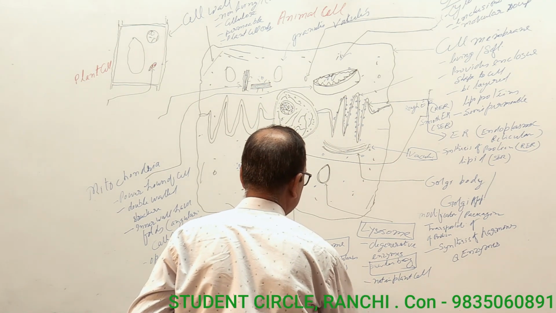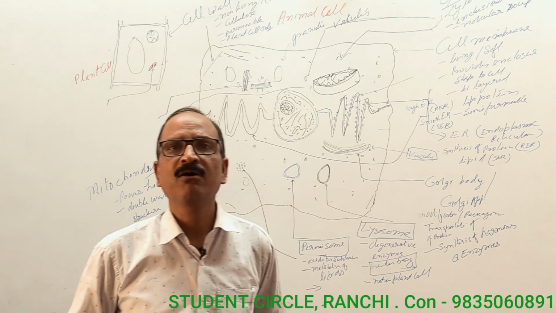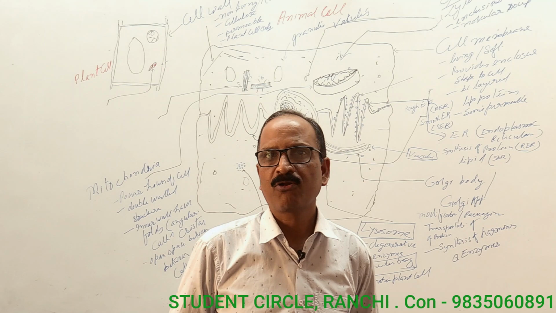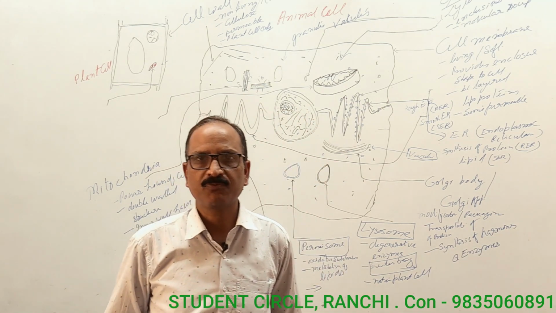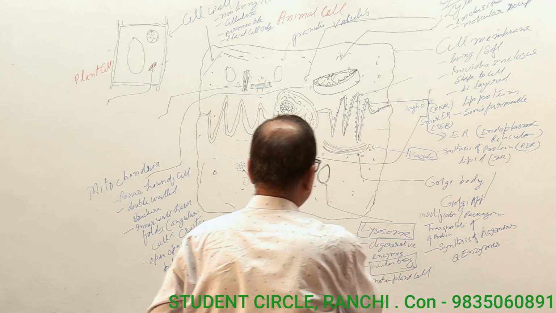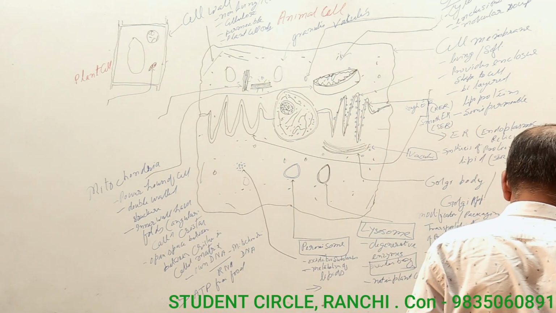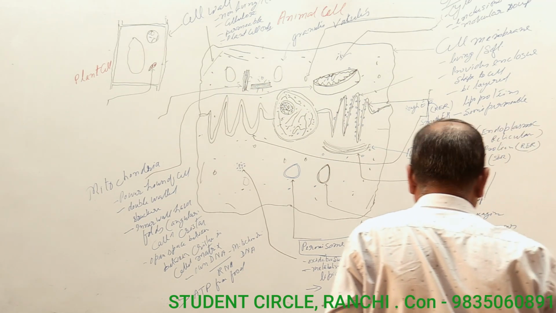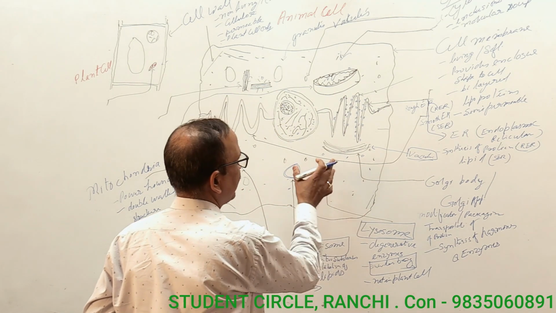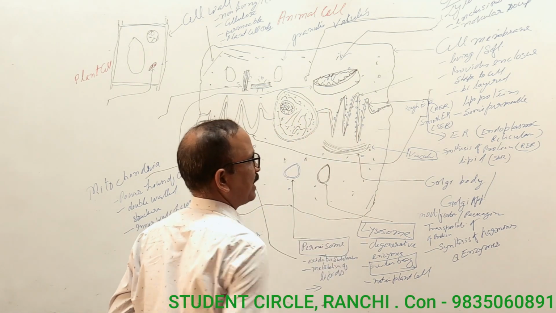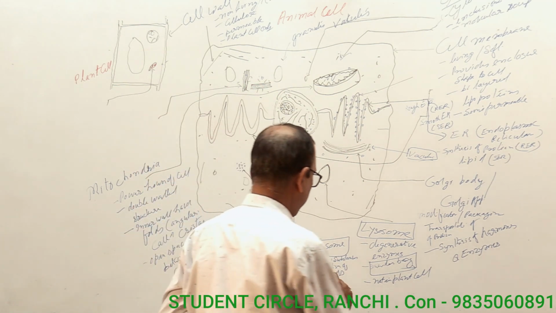Okay. It also maintains or reduces the level of hydrogen peroxide. The excess of hydrogen peroxide is dangerous for cell. This peroxisome maintains or reduces the level of hydrogen peroxide, and it also oxidizes toxins. The toxins that come inside or are produced inside the cell are being destroyed by peroxisome.